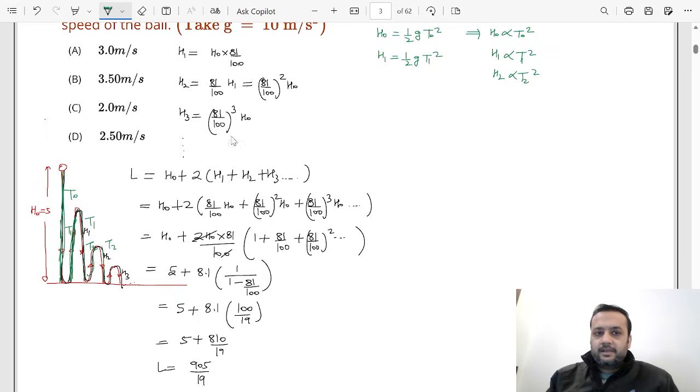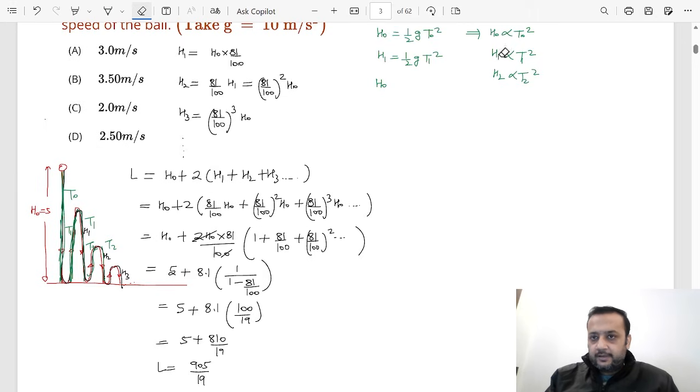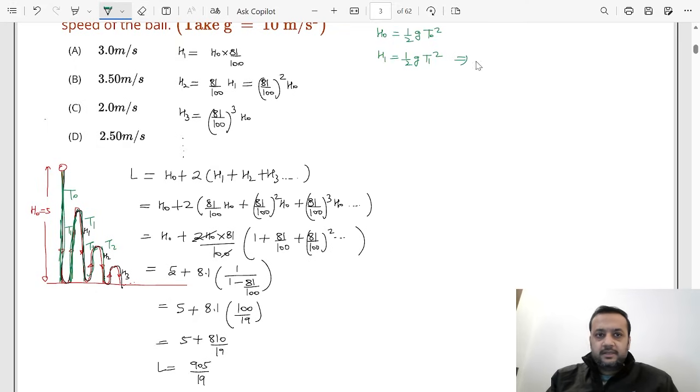And what is the value of h1? Let me do the calculation here. H1 is 81 by 100 h naught, which is equal to half into g into t1 square.